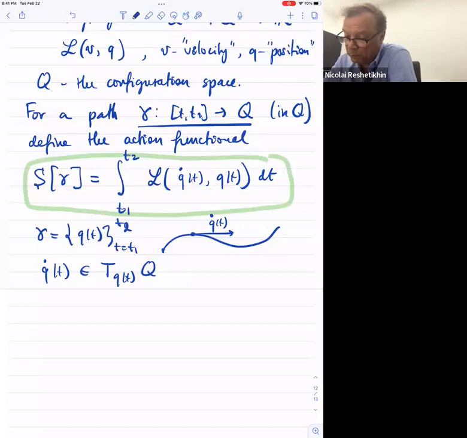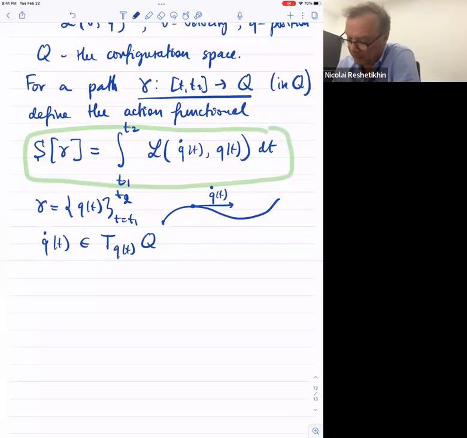This is where you have to appeal to physics or mechanics if you want to make the right choice of this data. So now critical points of S of gamma.